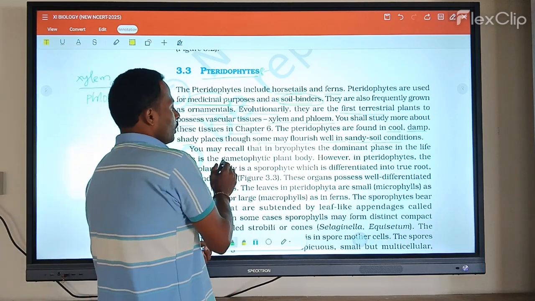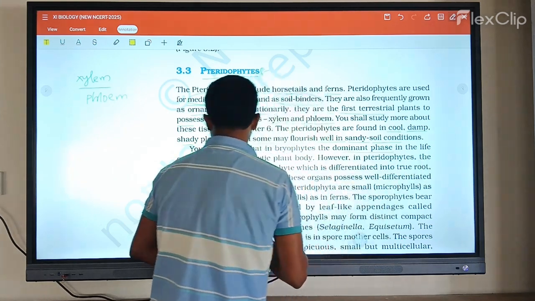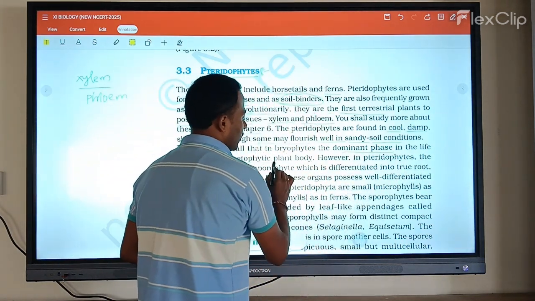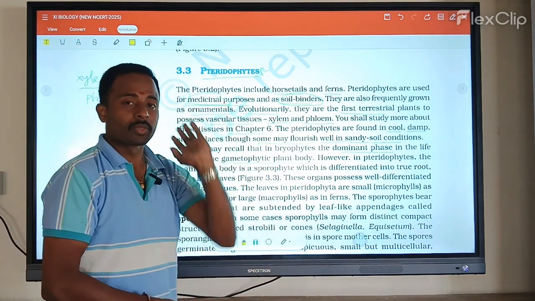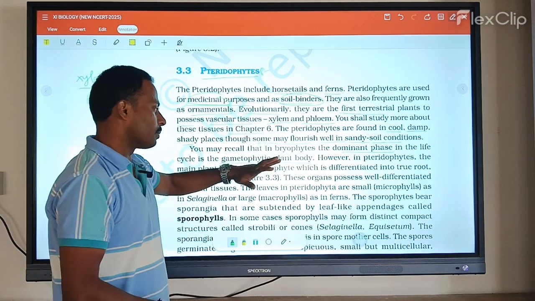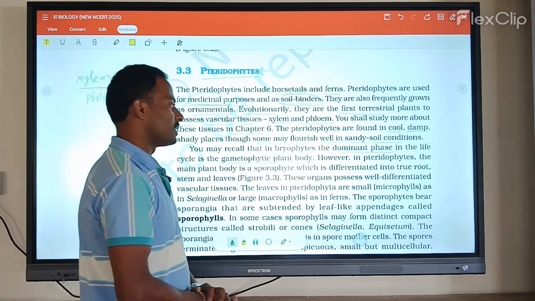You may recall that in the bryophytes the dominant phase of the life cycle is the gametophytic plant body. In the previous class you discussed that the major plant body of bryophytes is the gametophyte.